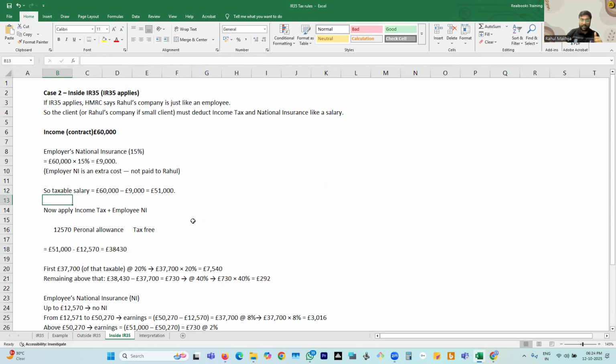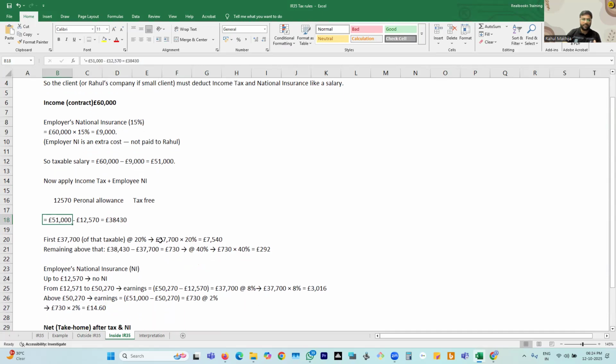Now we will apply income tax and employee NI on it. First £12,570 would be the personal allowance. Later on, it will be taxed at 20%, which would be, we would be left with 38,430, and at 20% for the first basic threshold 37,700 would be 7,540, and the remaining amount would be around £292.